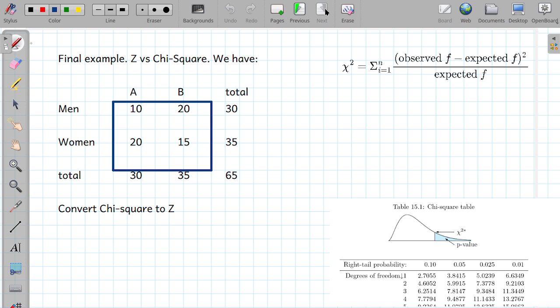Well, so here's the table. Let's do a quick and dirty computation. What are the expected counts here? We're just going to blitz through this because I want to concentrate on the conversion process. So we have 30 times 30, which is 900, divided by 65. So 900 divided by 65, I should know that one.